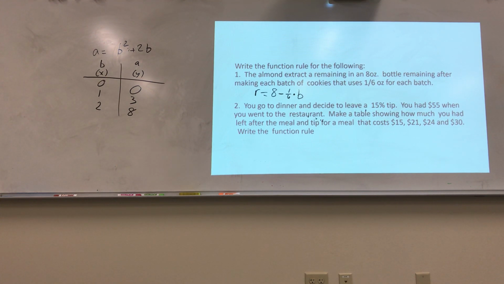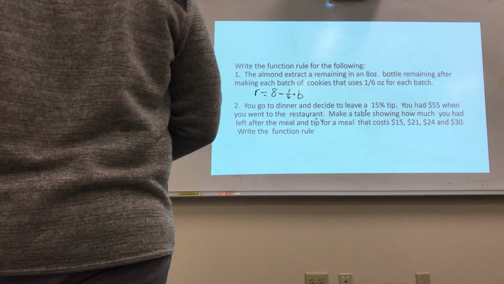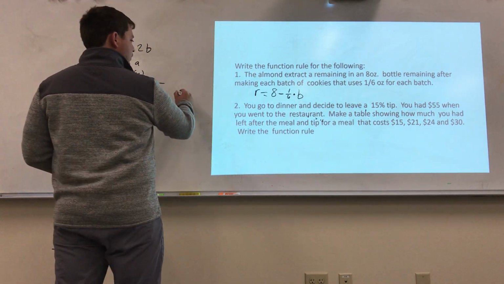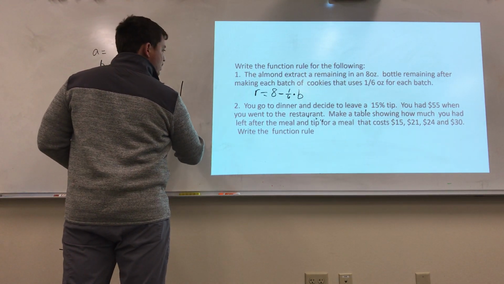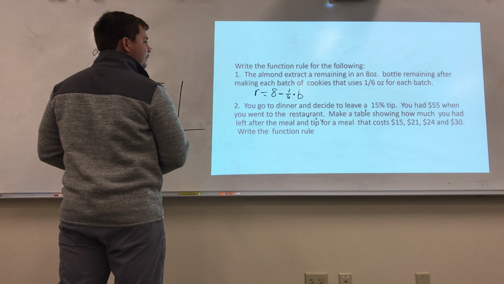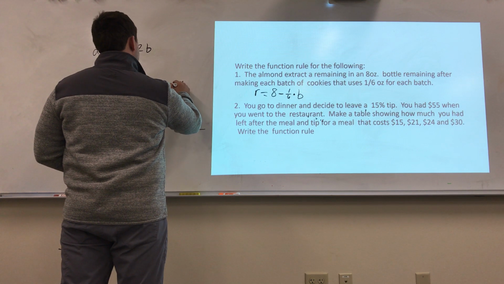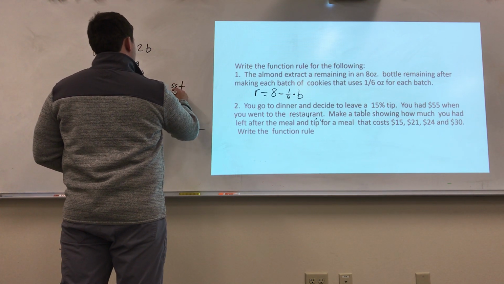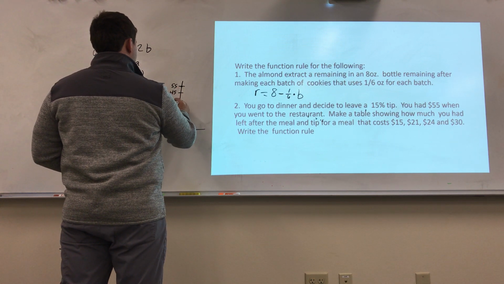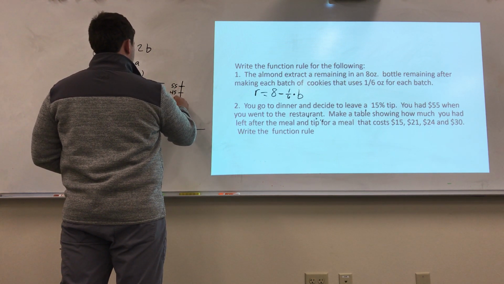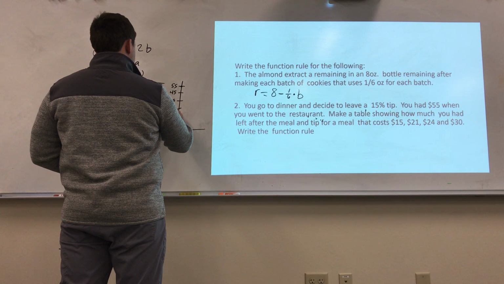Alright. So, I had to graph this one. I'll do it here. Okay. You had $55. So up here we're going to put this as $55. This is going to be, let's say, 45. This is going to be 35.